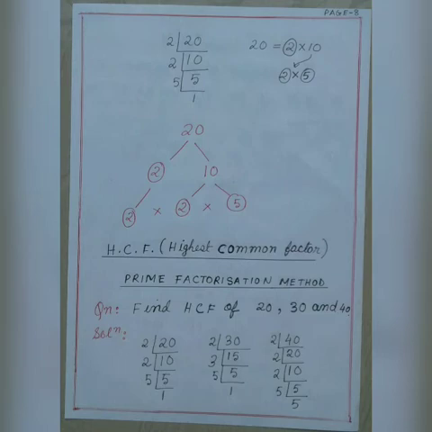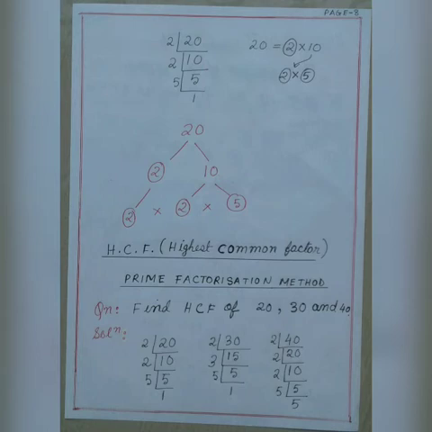We can split 10 into two prime numbers, 2 and 5. 10 equals 2 into 5. So the prime factors of 20 are 2 into 2 into 5. So we have shown you the diagram of how the numbers are split up, and it is called the factor tree of a number.